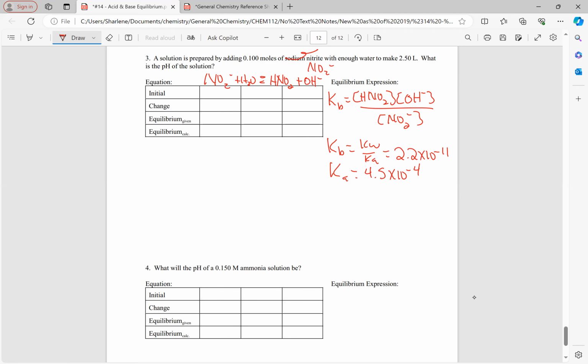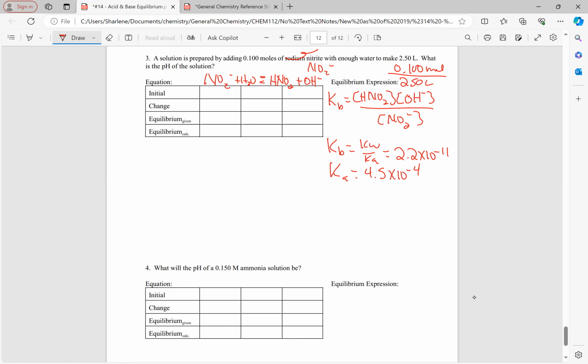Okay. Now, what do we know? A solution is prepared by adding 0.1 moles with enough water to make 2.50 liters. I can't put moles in this ice table, so up here I'm going to do 0.100 moles divided by 2.50 liters to get my concentration.